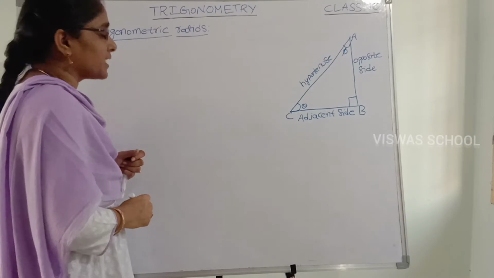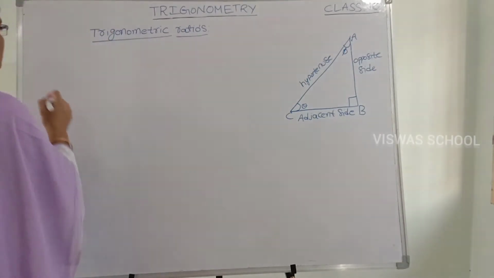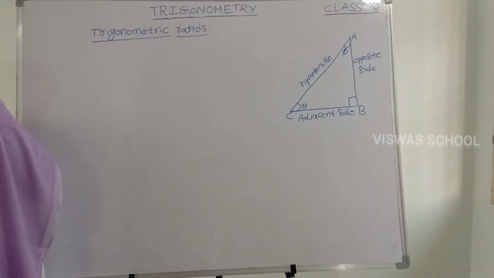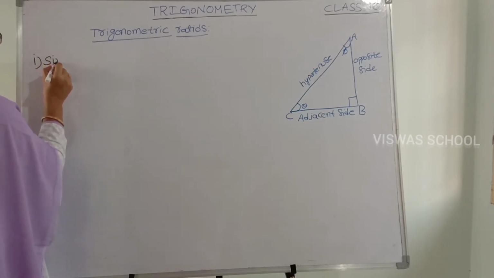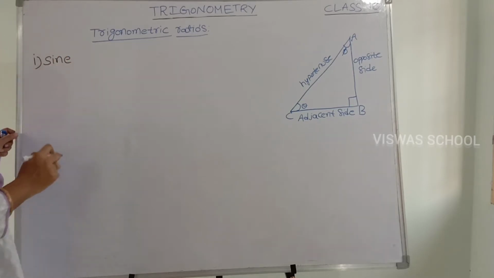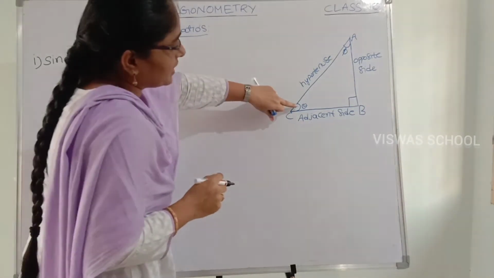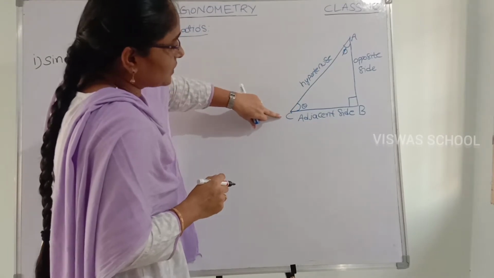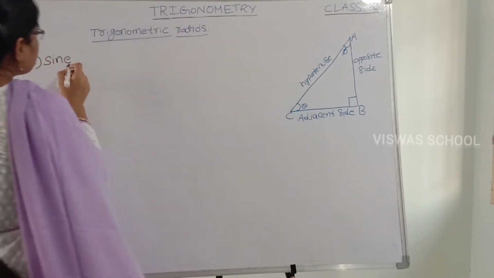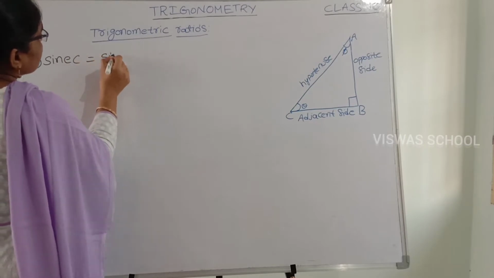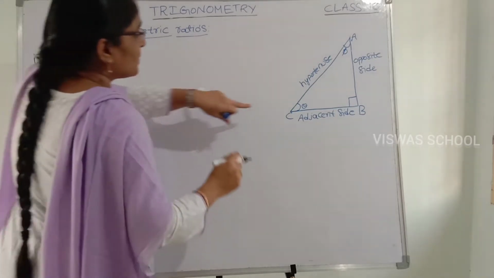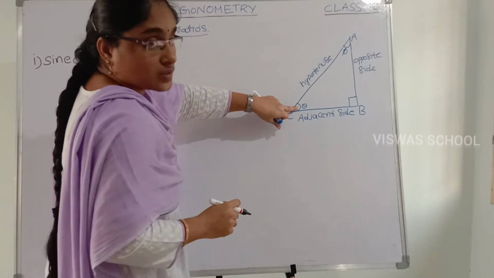Now coming to the trigonometric ratios, the first ratio is sine. S-I-N-E. Sine. And I am considering theta here. That is sine C, that is, in C place the angle I am measuring as theta.